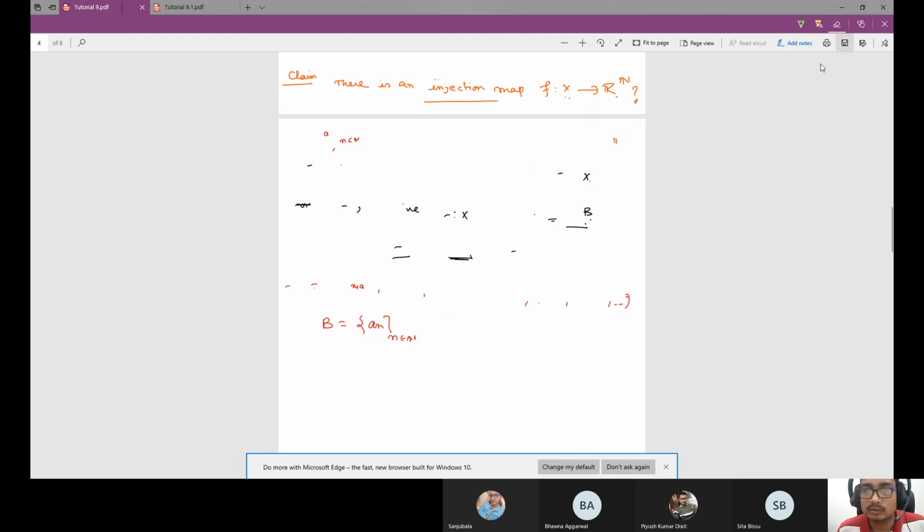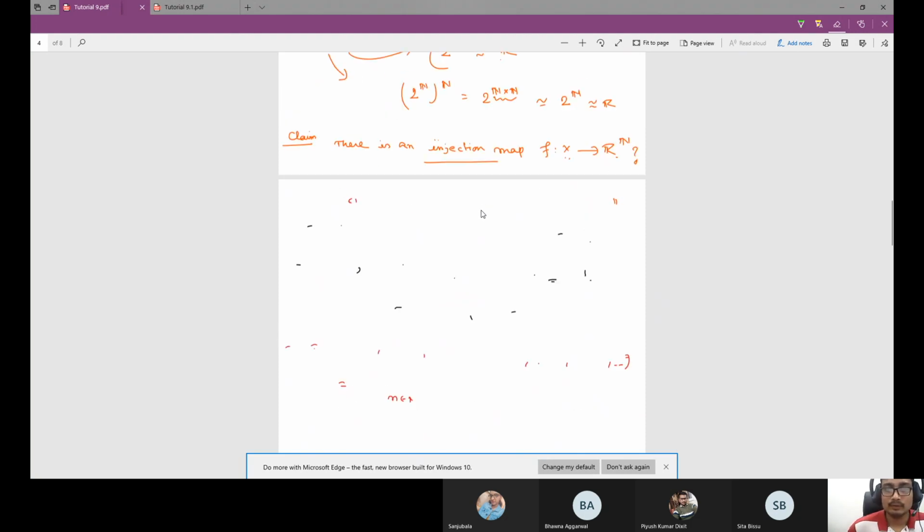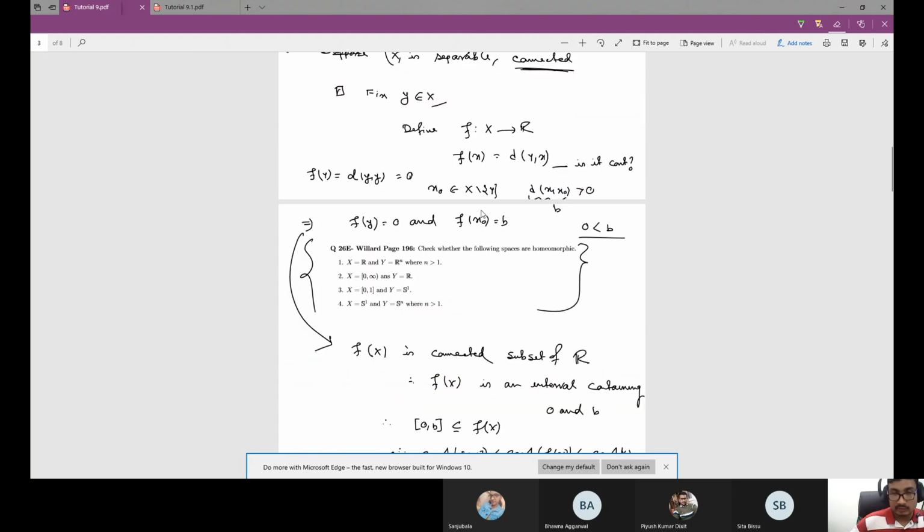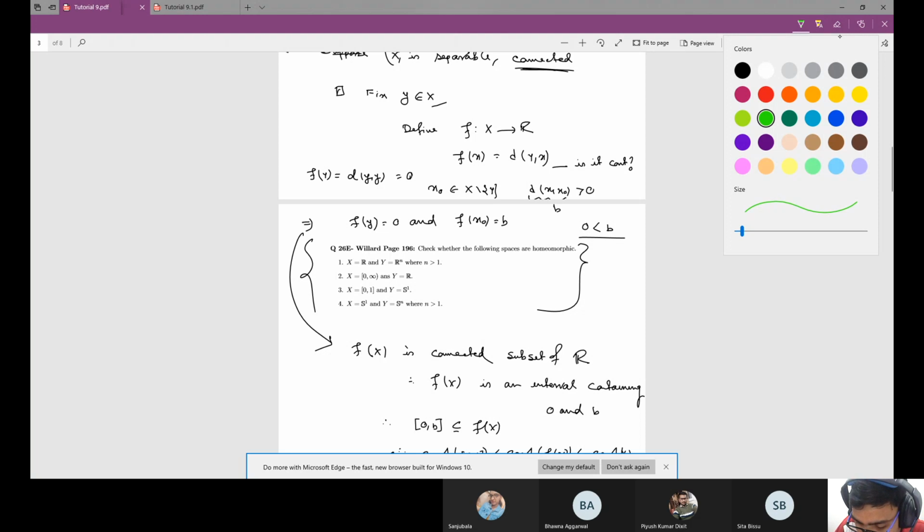Can start from the next page, I think. Okay. Fine. Look at this one. You should tell me the solution, answer. The solution, you should tell me the answer.